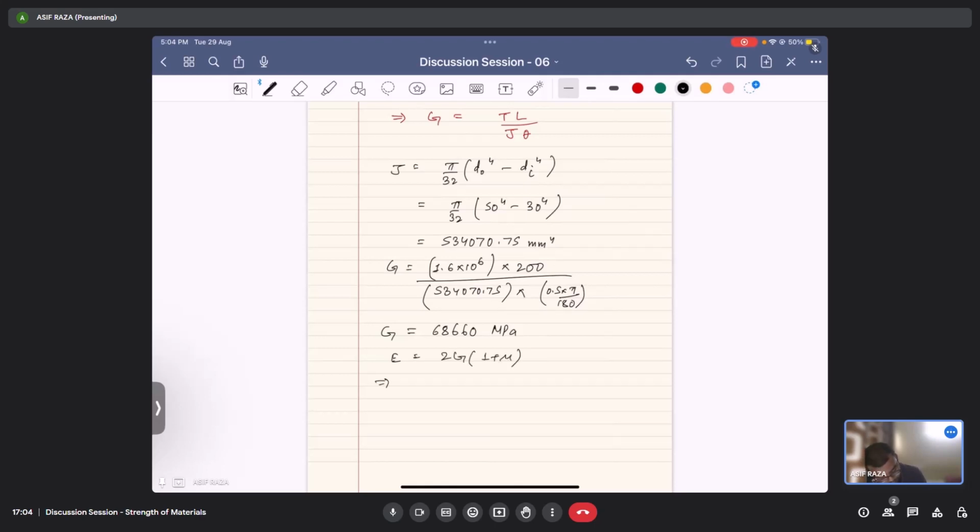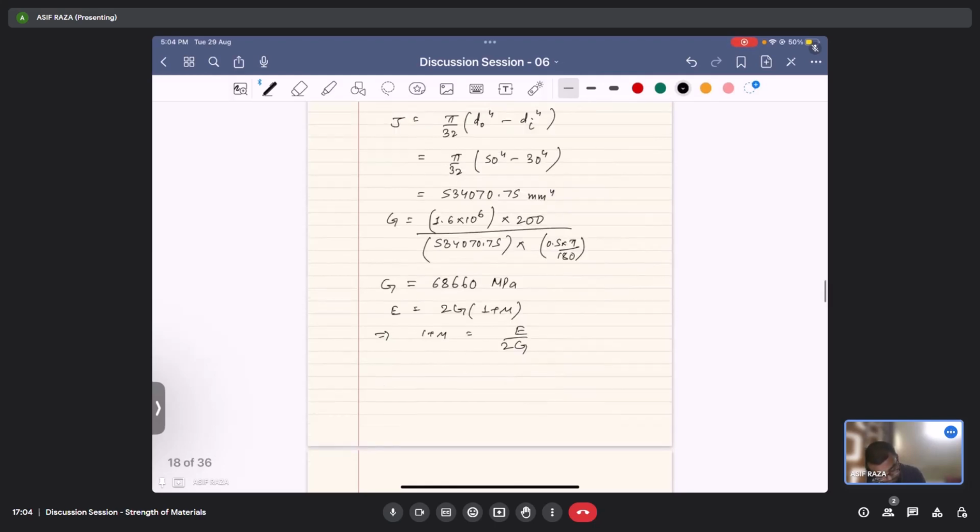So 1 plus mu would be equal to E upon 2G, and mu would be equal to E upon 2G minus 1. So let's substitute it. E is 2 into 10 to the power 5, divided by 68660 into 2, minus 1.